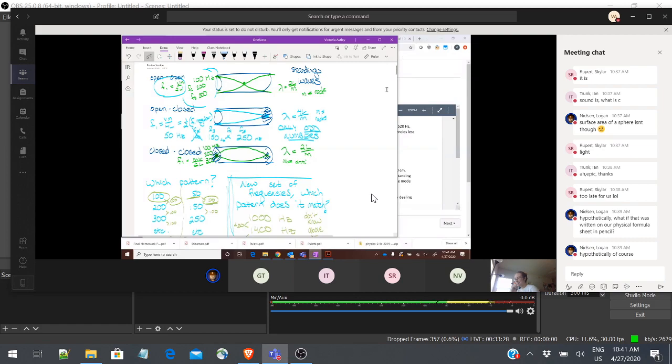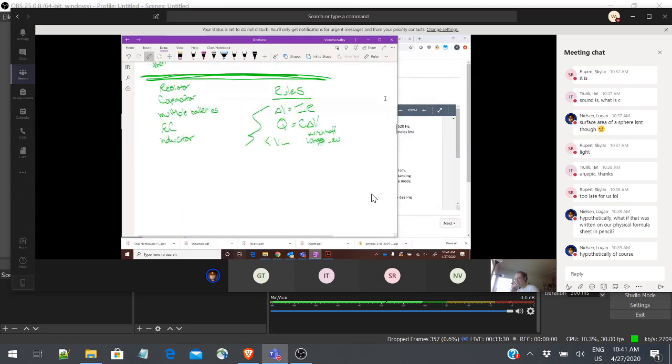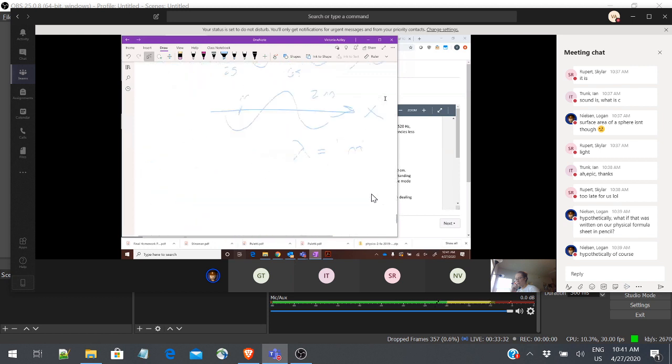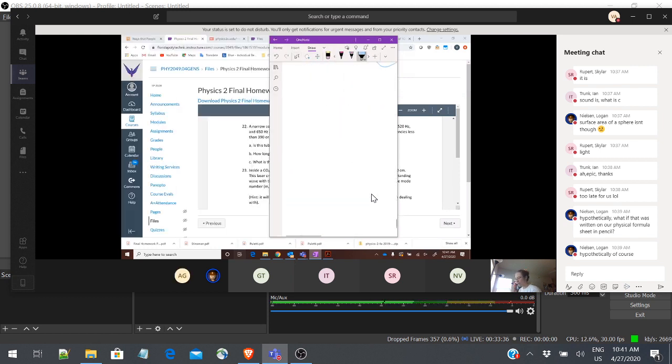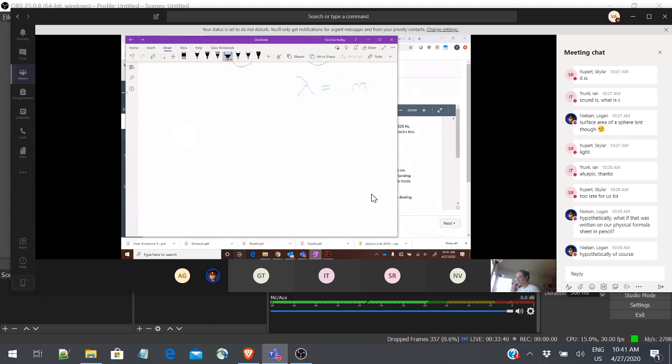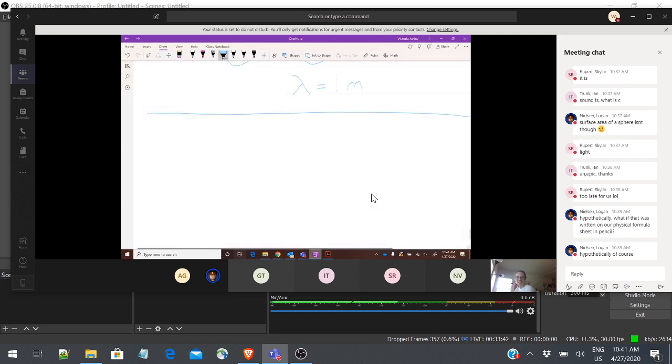So basically, there are different patterns: open-open, open-closed, closed-closed, and strings all have the same pattern.